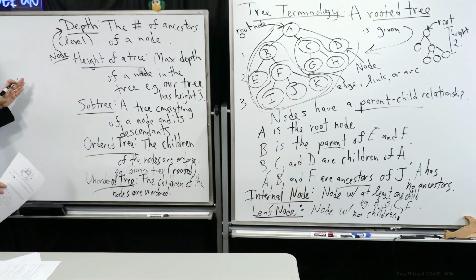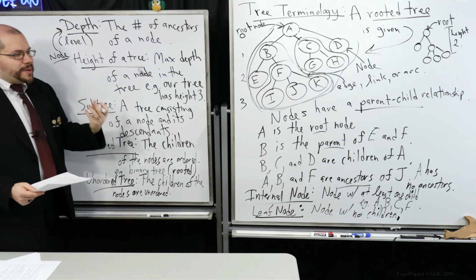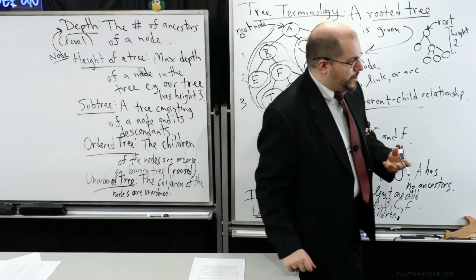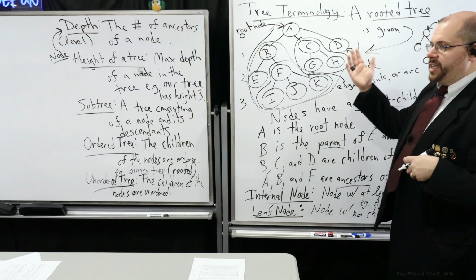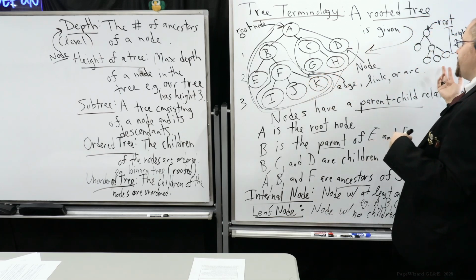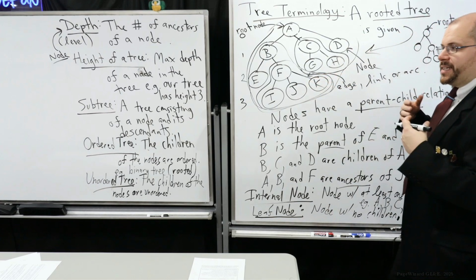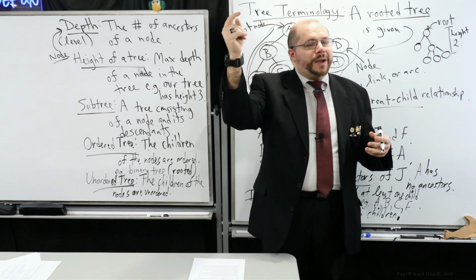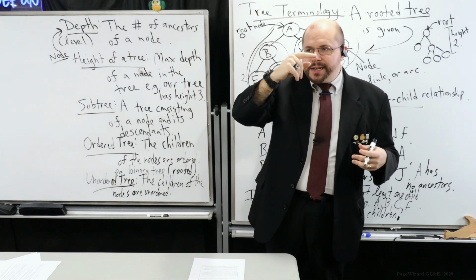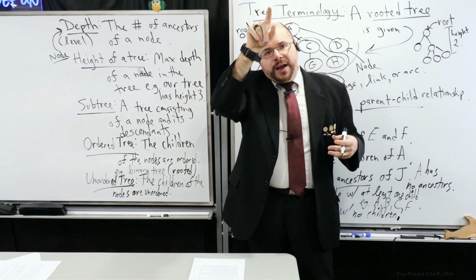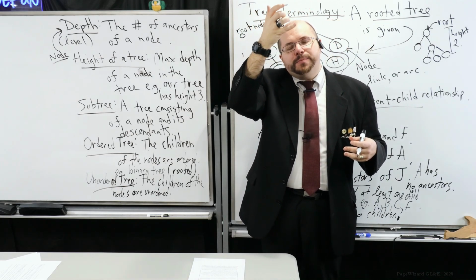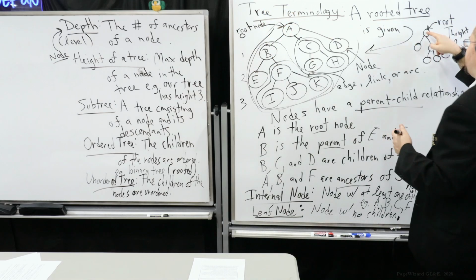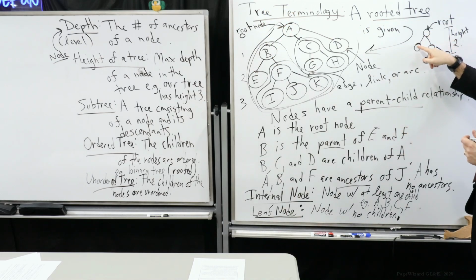With that being said, this is some tree terminology that we're going to use. And once we have that in place, now we can prove some fun properties. So just remember, it's not just this tree. We have this structure of nodes, with a root node, because we're going to talk about rooted trees here, with descendants dictated by parent-child relations, such as over here, this is the root, this is the child of this node, this is the child of this node, and so on.